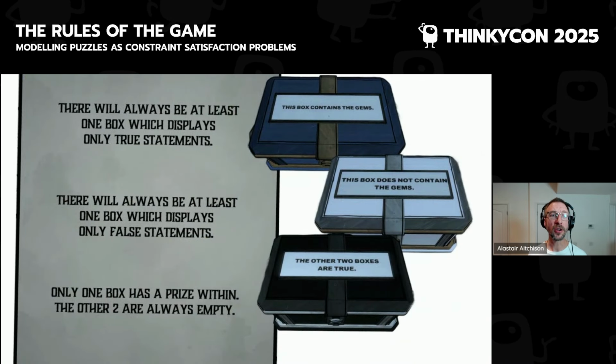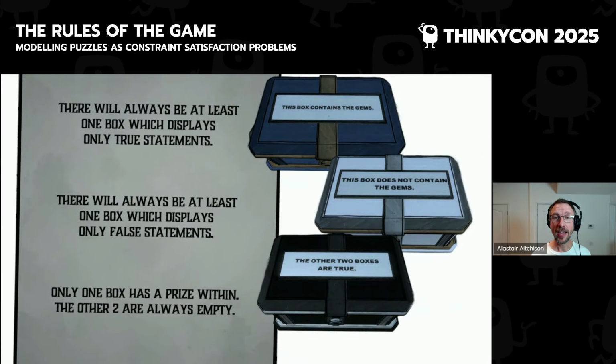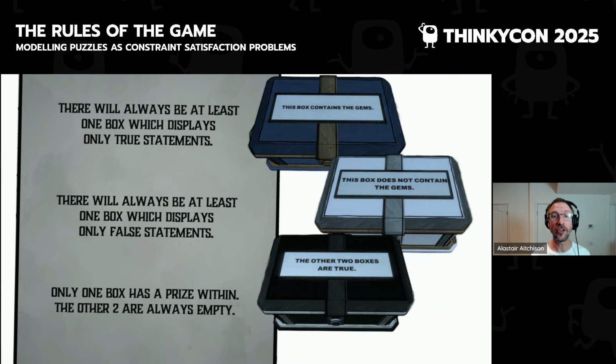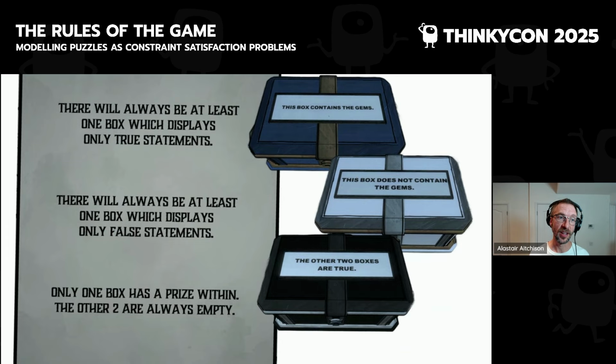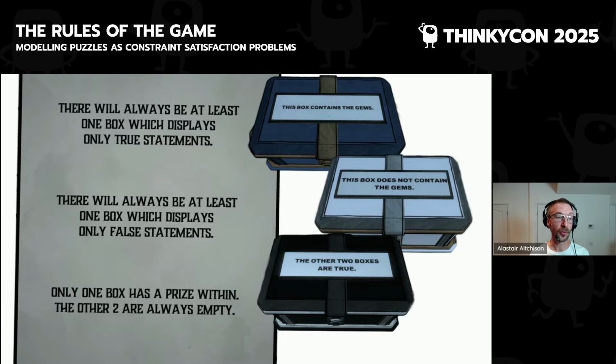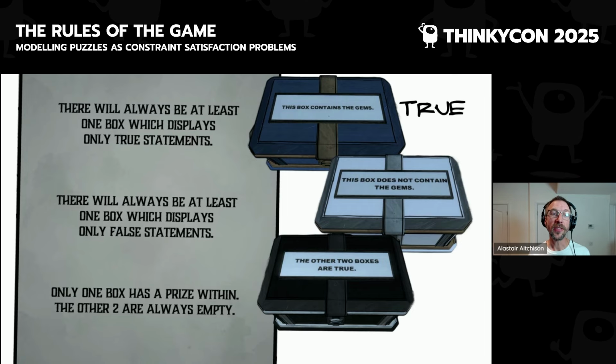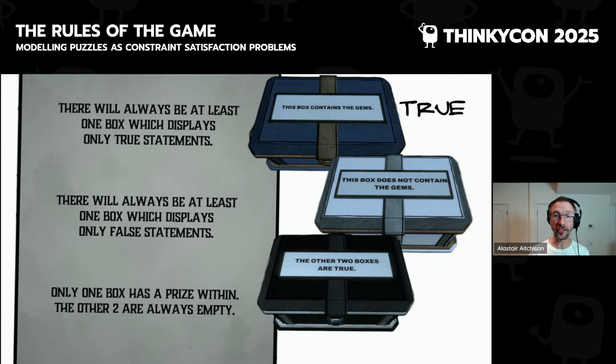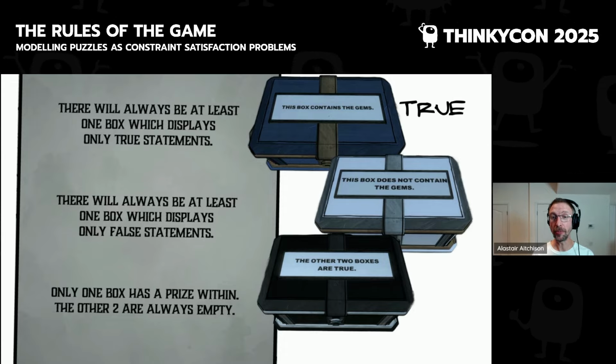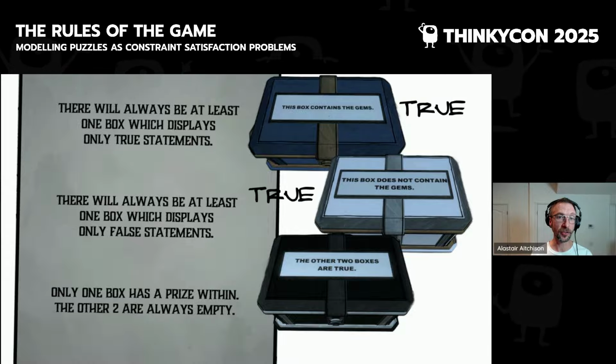And the way you might approach solving this puzzle manually is to pick a box and assume the statement on it is true. So let's start with the blue box, which says that it contains the gems. If that were true, then the white box statement, which reads that this box does not contain the gems, would also be true because they're in the blue box.